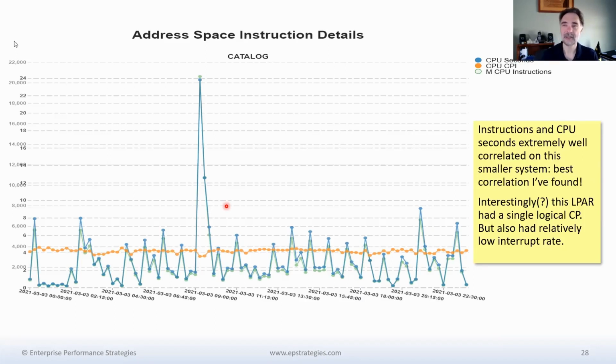But the fact that the system itself, this LPAR, did relatively few IOs probably contributed to this being a more stable CPI and a better correlation between instruction counts and CPU time. So again, it comes back to what is the configuration of the system, what is the system doing, all that sort of stuff.